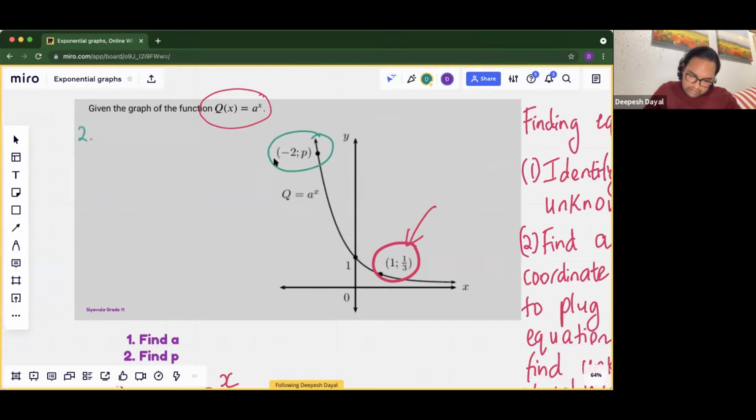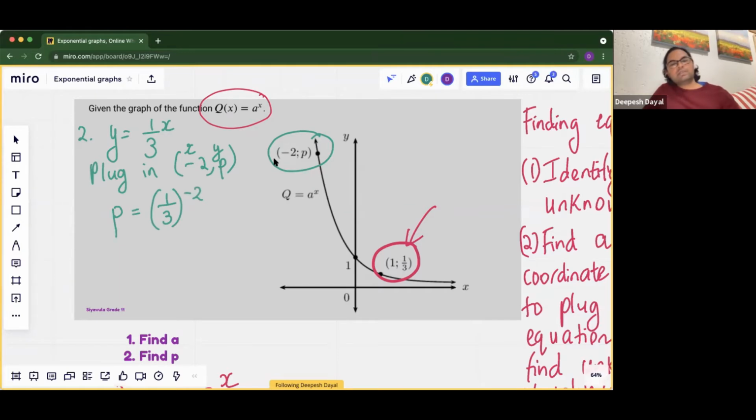It's y equals a third to the power x, and we're going to plug in -2 and P. In the place of X, it's that, and in the place of Y, it's that. So we've got P, because it's Y, equals a third to the power -2.